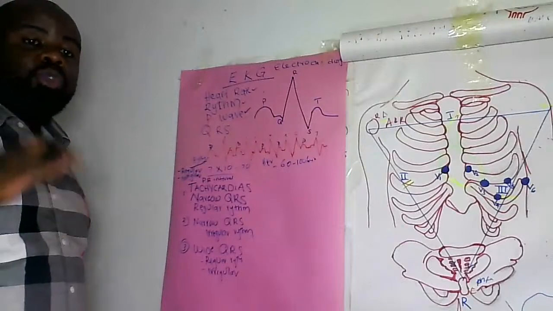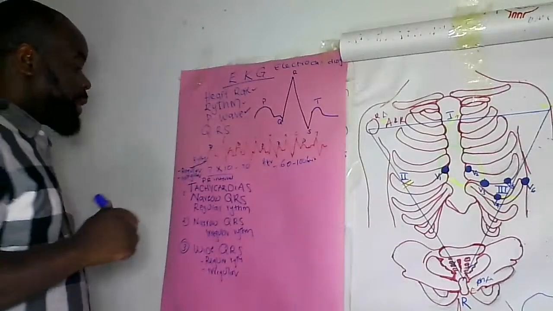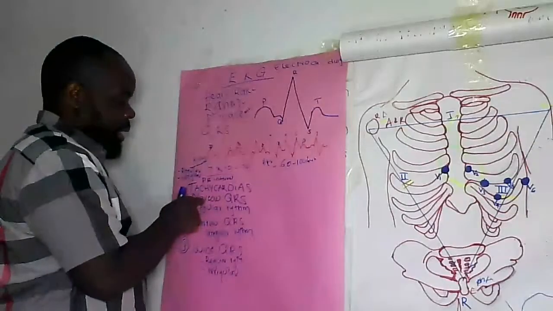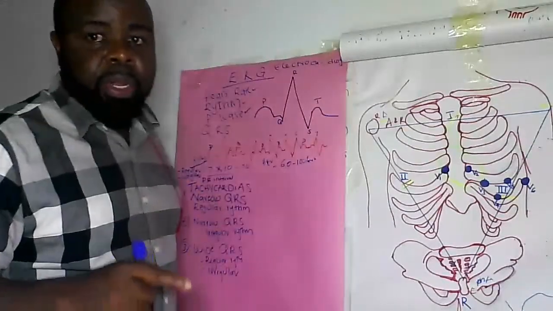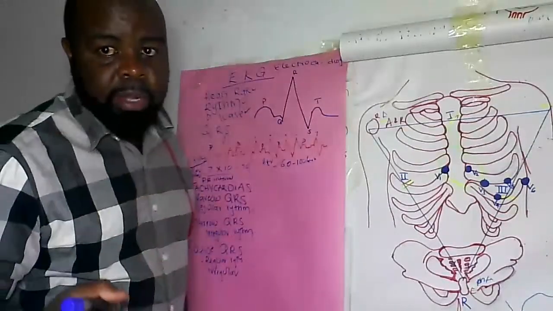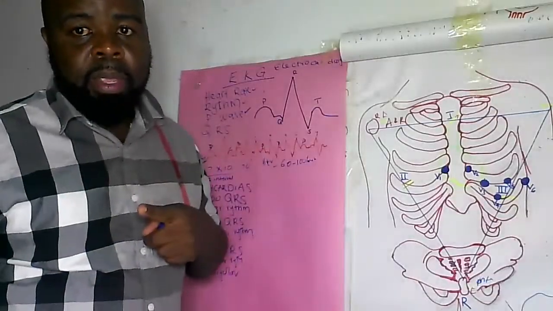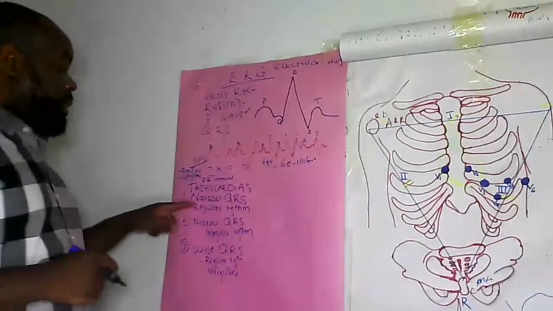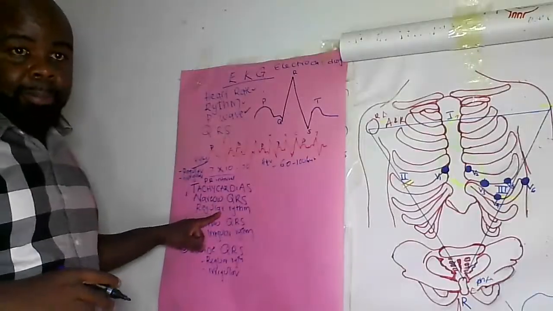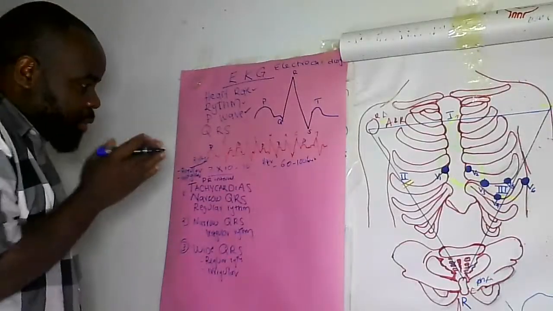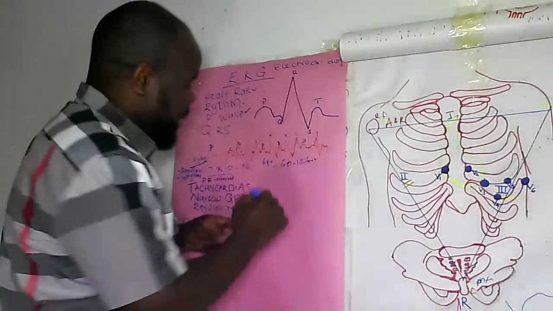Which ones do we have? We start with the tachycardias with narrow QRS and regular rhythm. You are looking at that strip of yours, but it has narrow QRS with irregular rhythm.